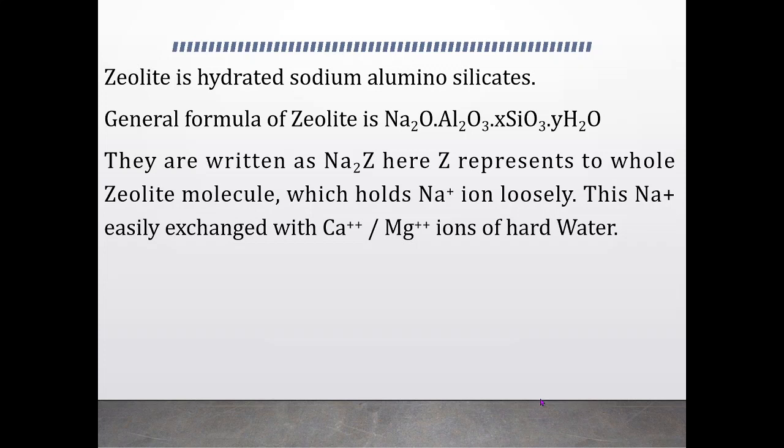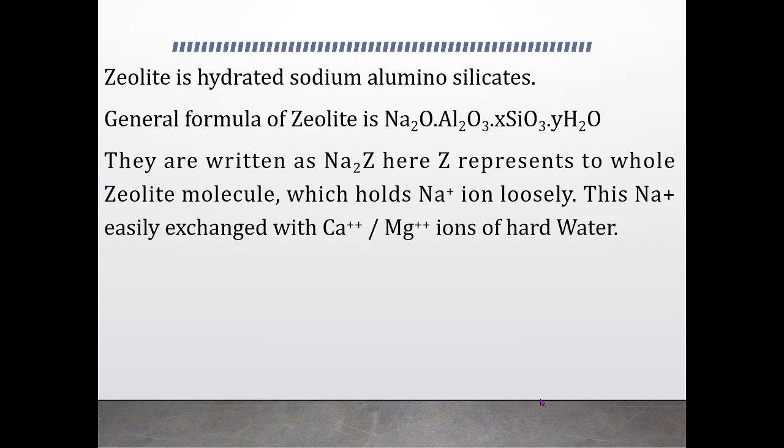This Na+ easily exchanges with Ca2+ or Mg2+ ions of hard water, because we know that hardness is due to the calcium and magnesium ions, and if we remove those calcium and magnesium ions, obviously our water will become soft.